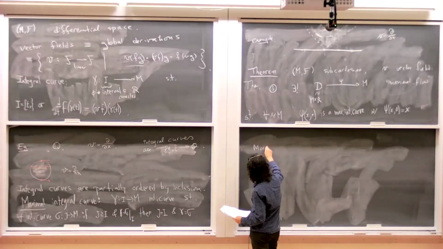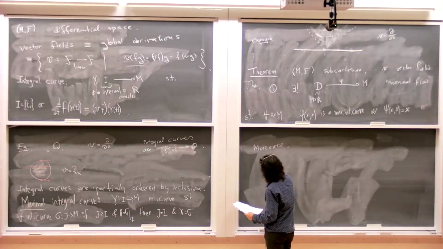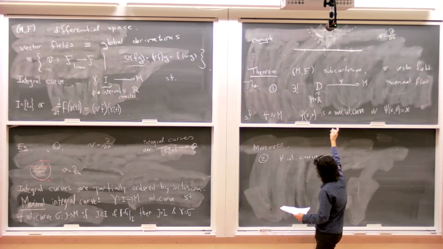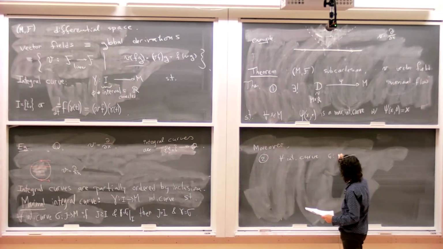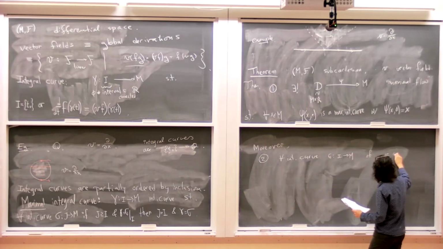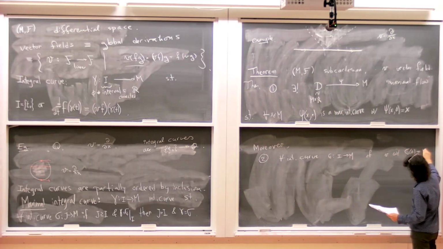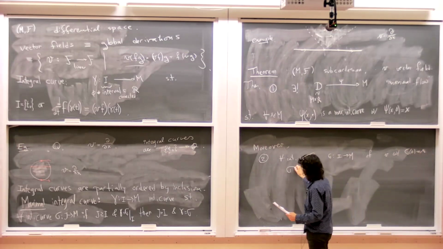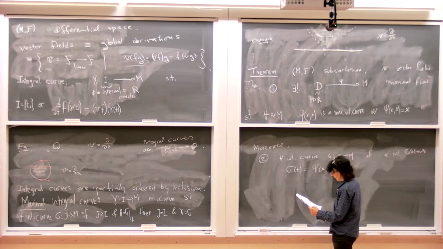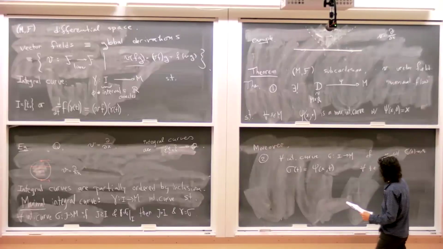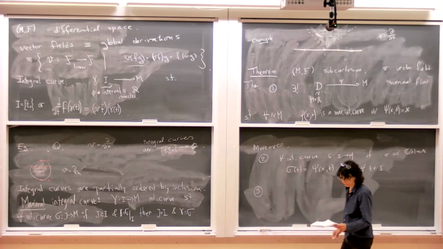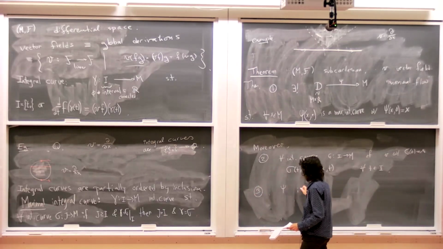Moreover, for every integral curve of V, doesn't matter which initial condition, the integral curve of V is in fact given by the restriction of this flow. And three is the main contribution of these two papers: that this flow is smooth.